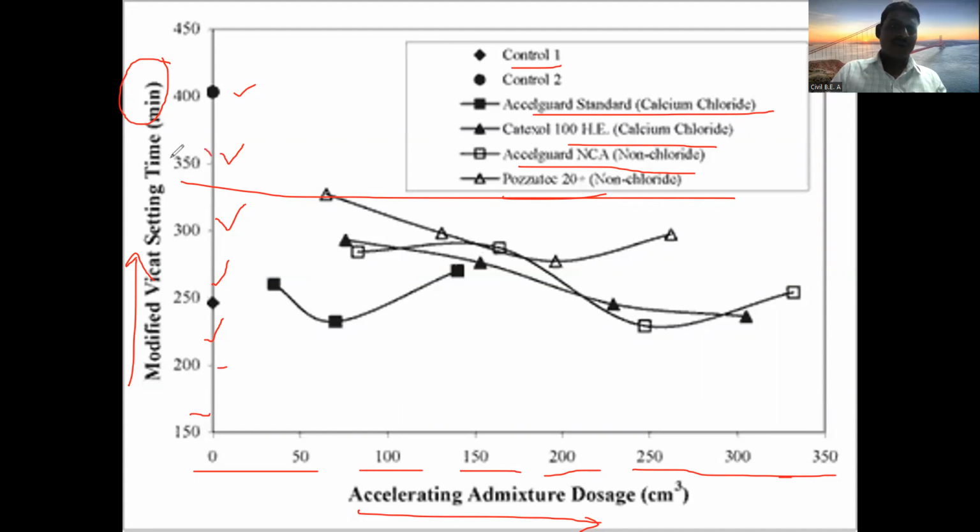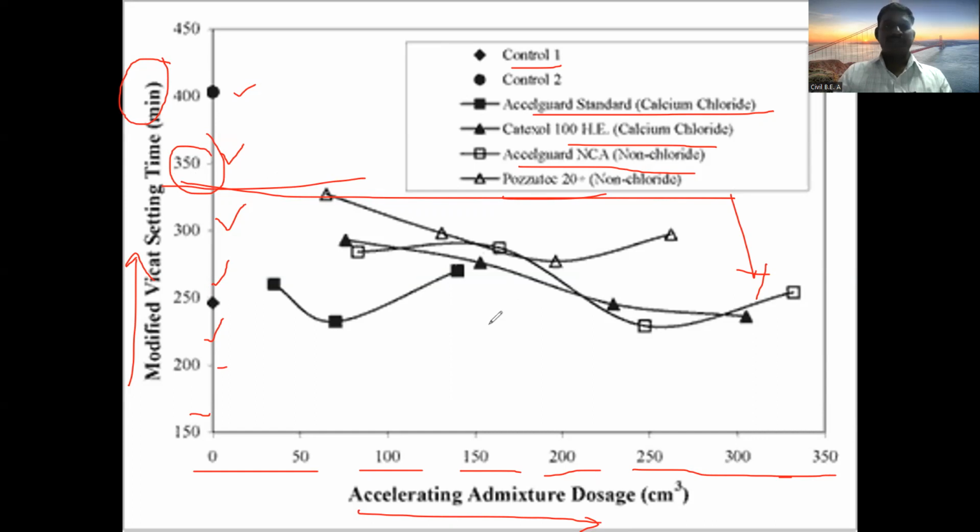So within 5 to 6 hours, if you see setting times of less than 320 or 350, it means your concrete will set within 5 hours. Within 5 hours you will get the strength, more strength.